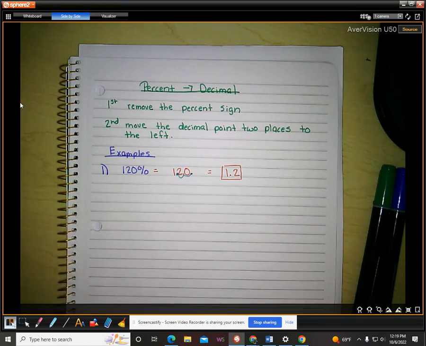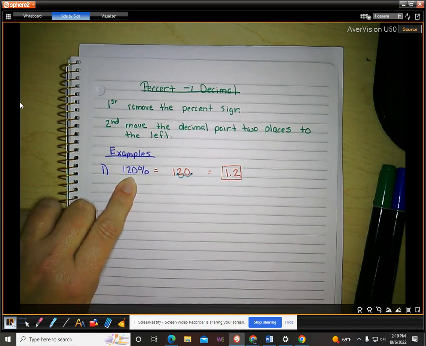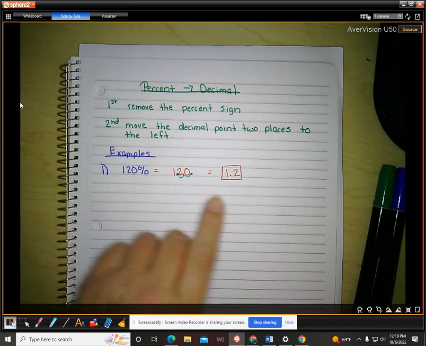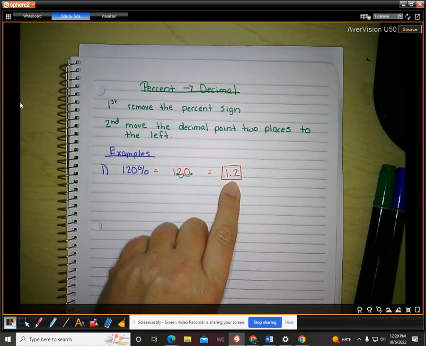So this goes back to where we have to look at our answers and see if they make sense. Percents are always out of 100. So this is greater than 100%. It's more than 100. Therefore, when it's written as a number, it's going to be more than 1 because 100% represents 1. Okay?